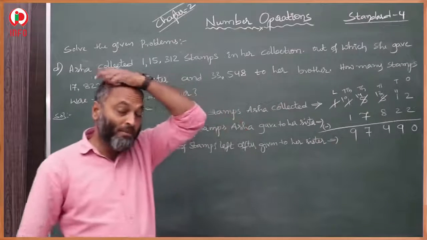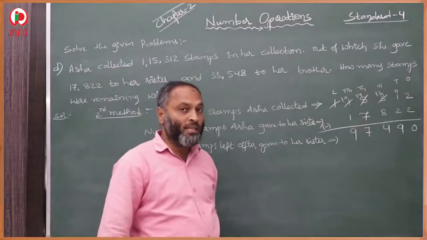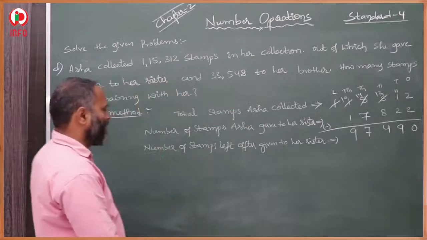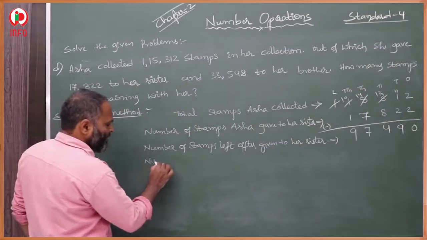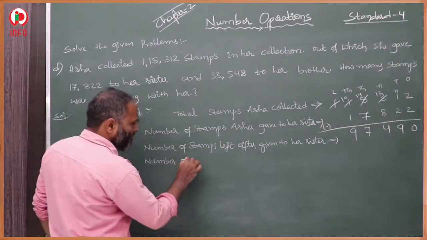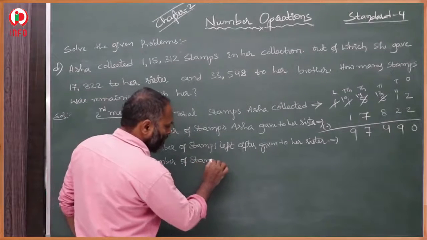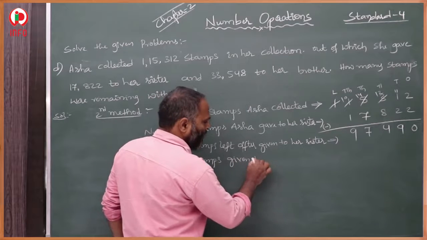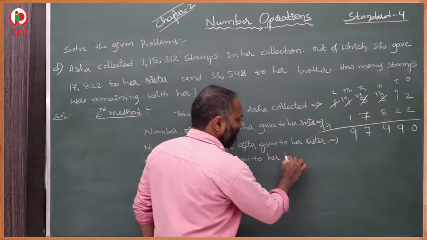Again, this many stamps left. From these stamps, again she gave this many stamps to her brother. Number of stamps given to her brother.